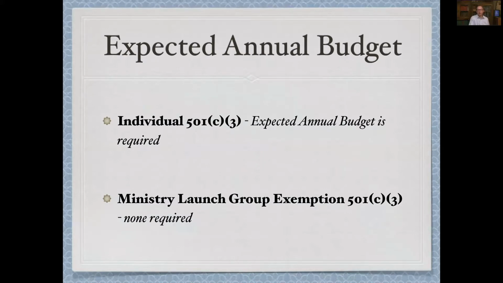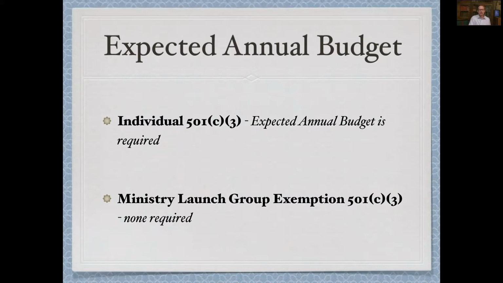If you go to a lawyer and you begin to file all of the forms, and you pay the fees for the lawyers and for the IRS, and if you go through that entire process, which our lawyers can help you with if you decide to join us, then you do have to provide an expected annual budget, like how much you're going to spend, how much you're going to make. With the group exemption, it's not required.